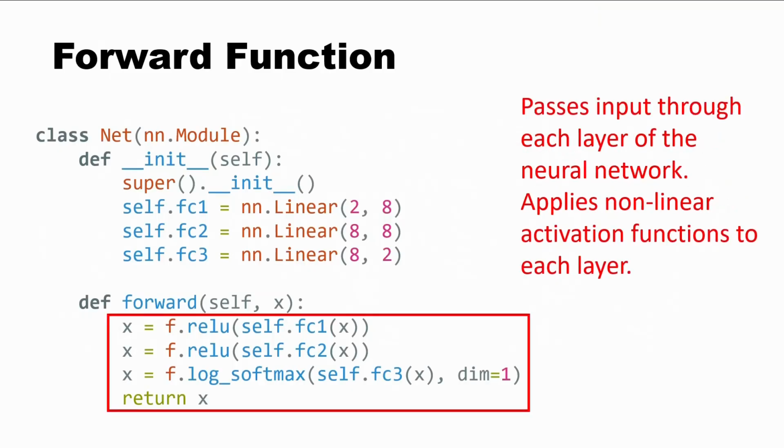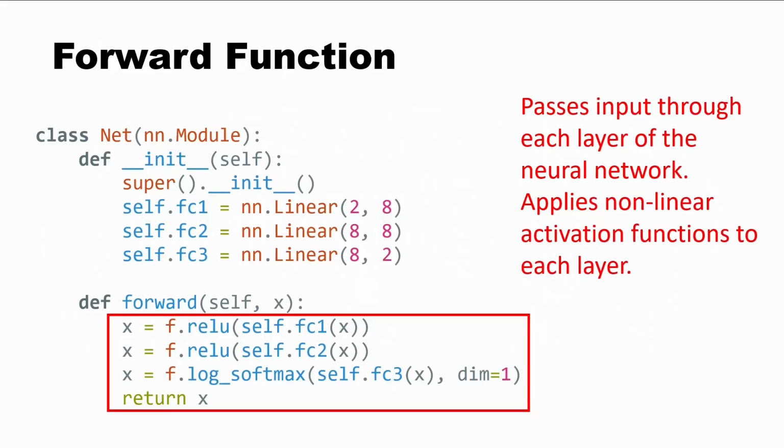So you can see in each of these lines, we pass our input, which we refer to as x. Remember, x will actually be a pair of 2 numbers, and we pass it through each layer. In each of these lines, we also define what nonlinear activation function we want to apply to each of these layers.